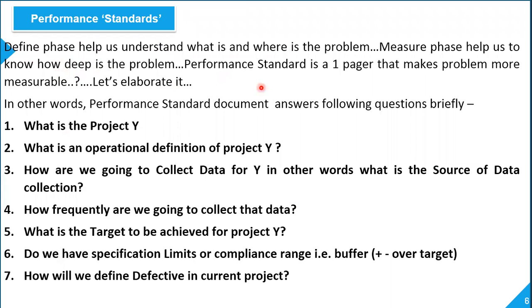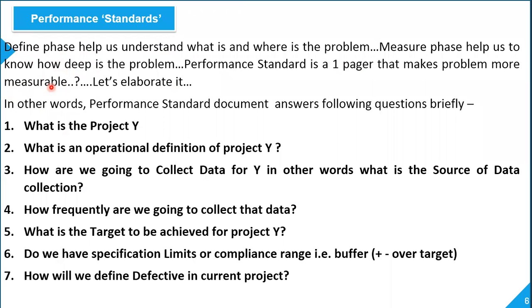Performance standard is a one-pager document that makes the problem more measurable. So what we have in performance standard, it's just like a document. We had it in the define phase. What document did we have in the define phase? Project charter, right? One pager document.